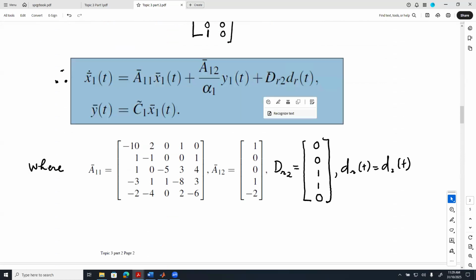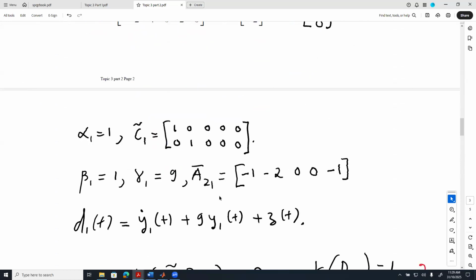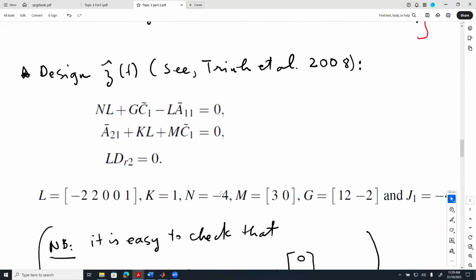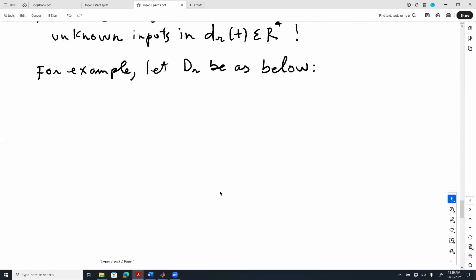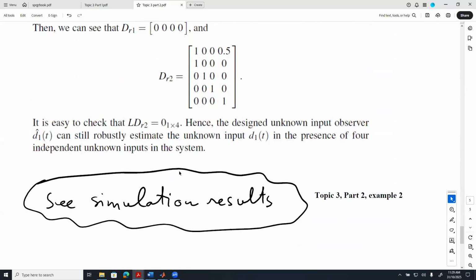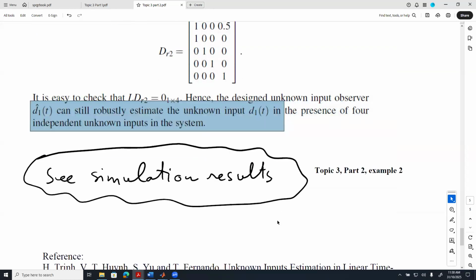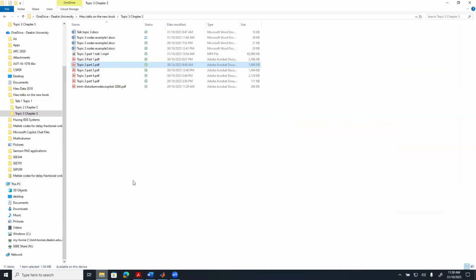So if the matrix DR2 is in the null space of L, then the observer that we designed previously still works. So we still have D1 asymptotically estimated, even in the presence of 4 independent unknown inputs in the system.